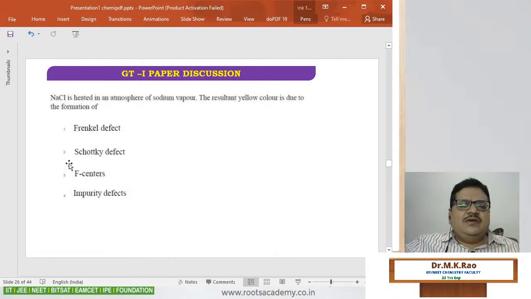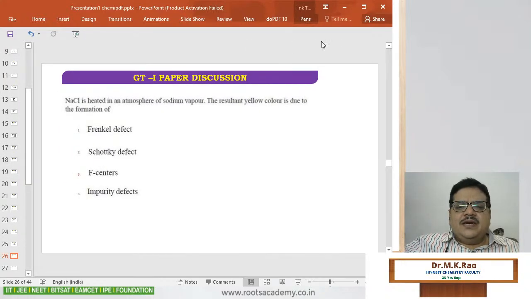Next, another one. Sodium chloride heated in an atmosphere of sodium vapor. The resultant yellow color is due to formation of F center. Why?